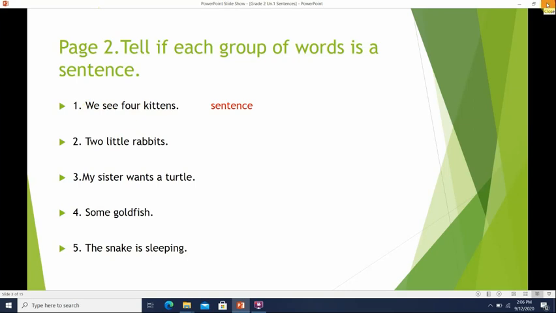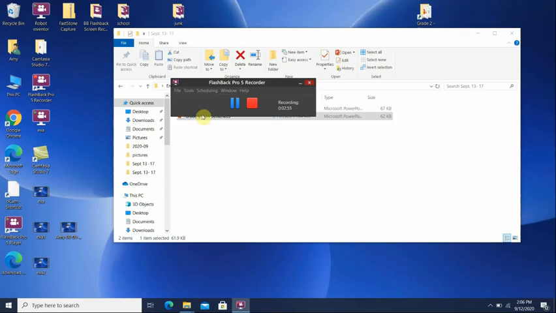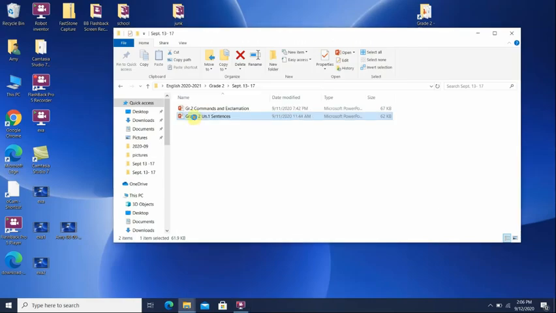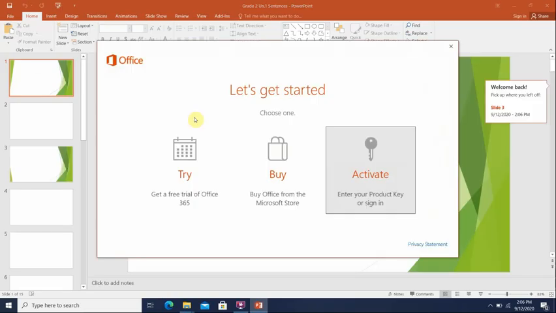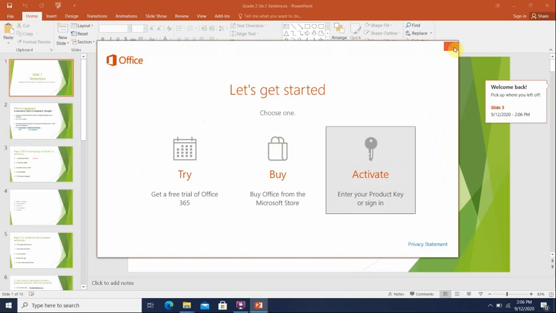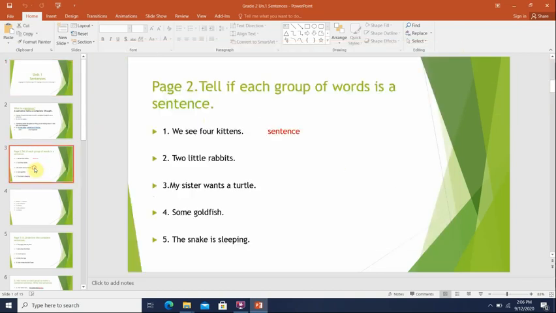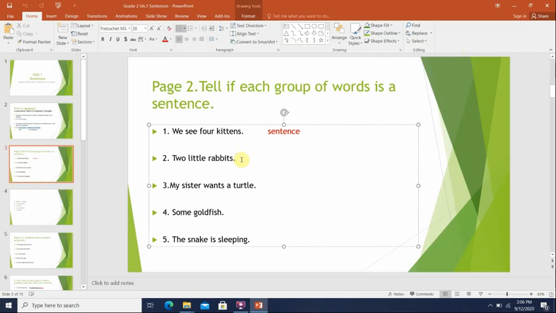Okay, we will go back to page 2. All right, number 2, it says 2 little rabbits.